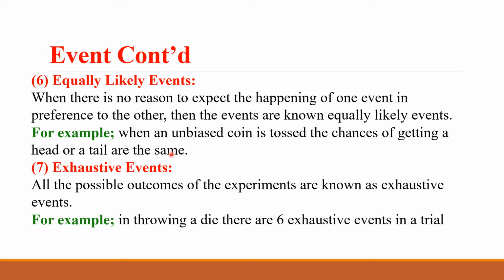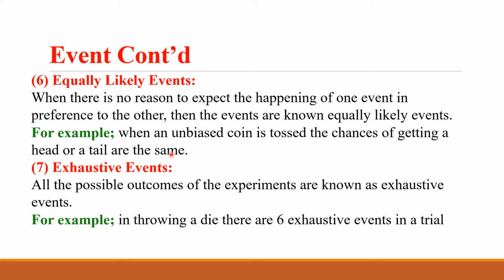What are exhaustive events? Exhaustive events means that all possible outcomes of an experiment are known. So if I'm tossing a coin, for example, then the possible outcome of tossing one coin is either head or tail.